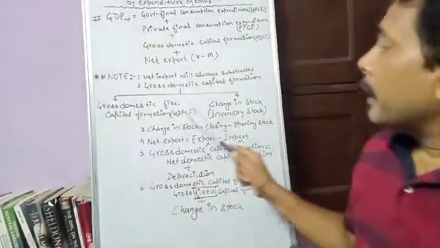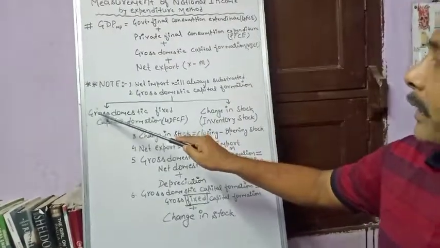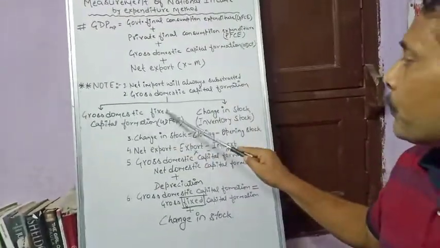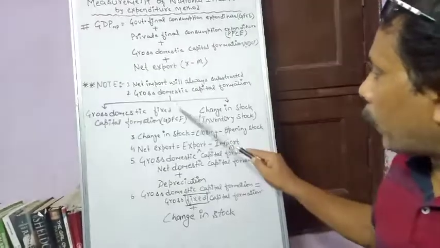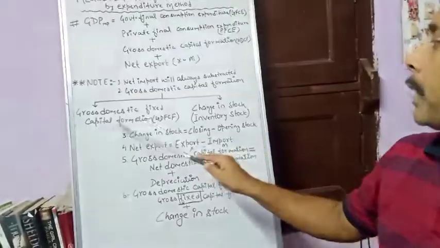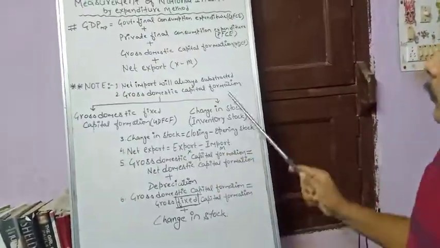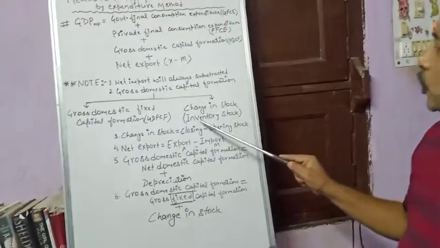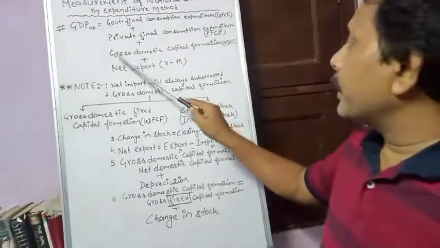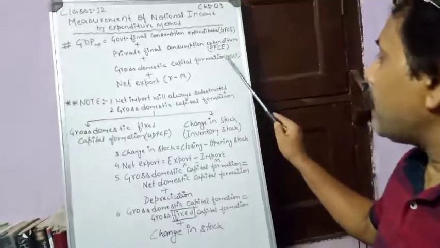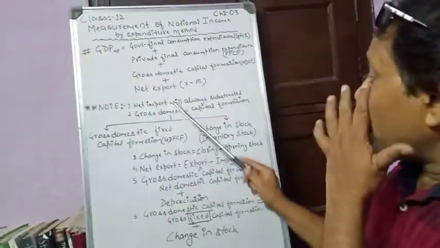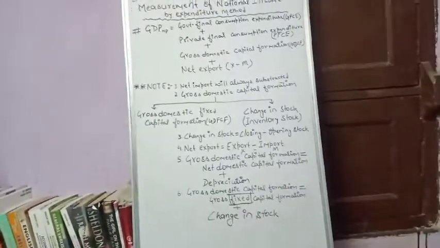So here, if in the data gross domestic fixed capital formation is given, that is the most important word, fixed, it means we have to add change in stock to make gross domestic capital formation. Now the net export means export minus import.